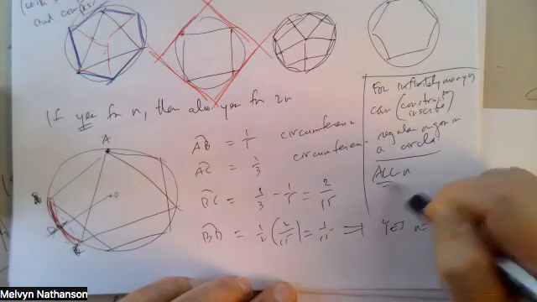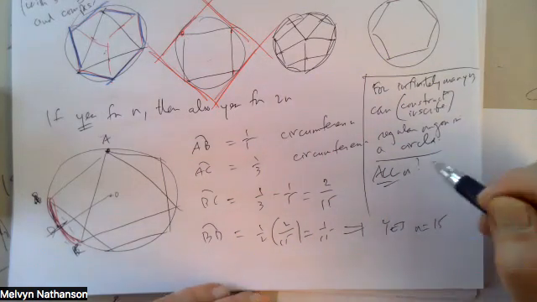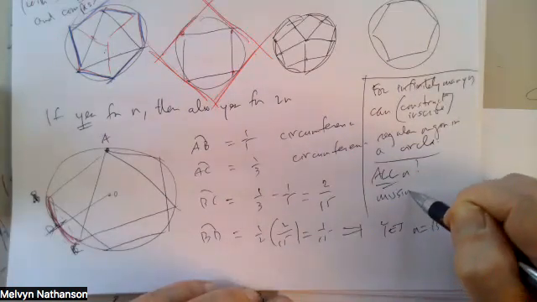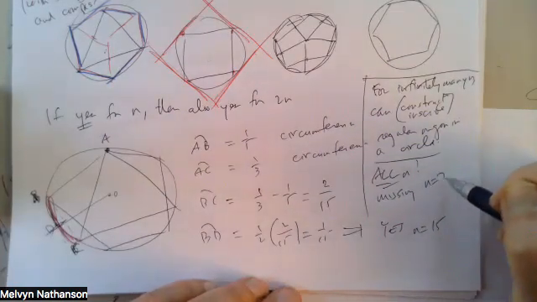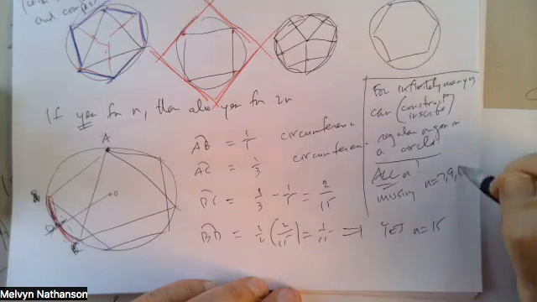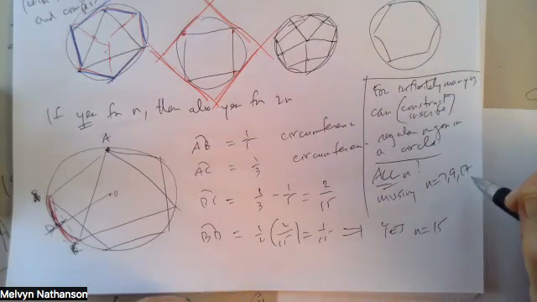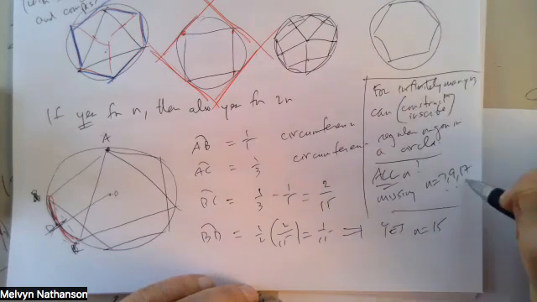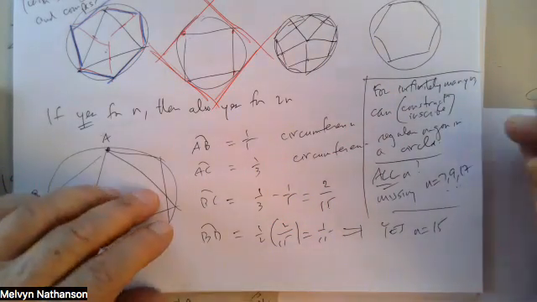Question: is it true for all n? What has been missing so far are numbers like n equals 7 or 9 or 17. So are these possible or impossible?